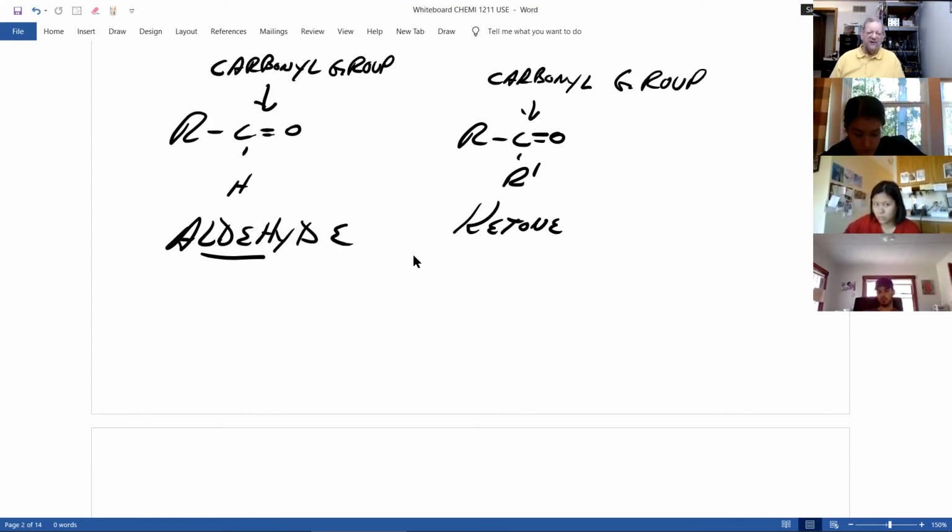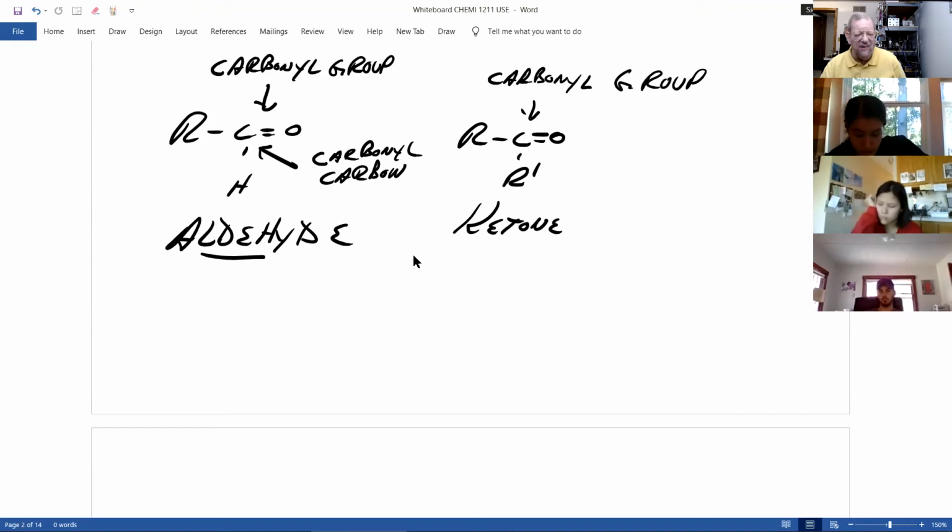Now, one terminology that I will use a lot, because I'm a carbonyl synthetic organic chemist, I love aldehydes and ketones. The carbon double bonded to oxygen in an aldehyde and a ketone, I will call the carbonyl carbon.